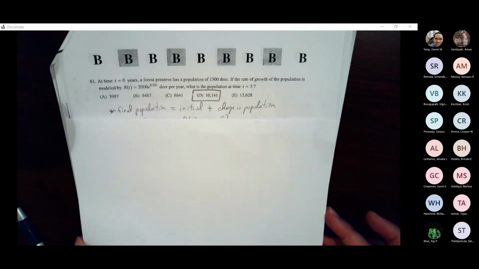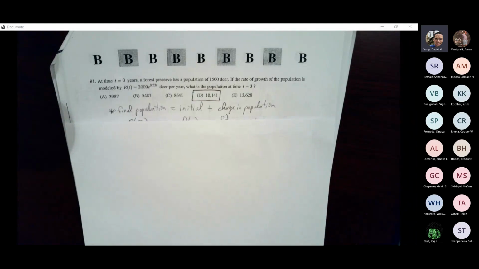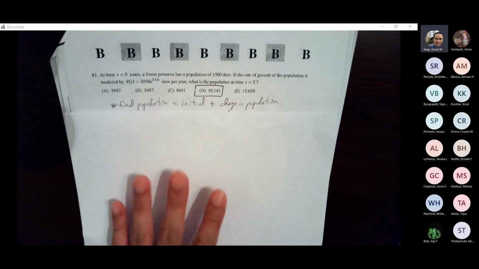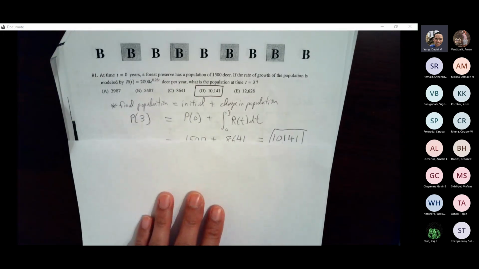All right, 81. At time t equals 0 years, the forest preserve has a population of 1,500 deer. If the rate of growth of the population is modeled by R of t, that's rate, what is the population at time t equals 3? So if we know the formula, or if we know how to adapt the formula, it's pretty straightforward.